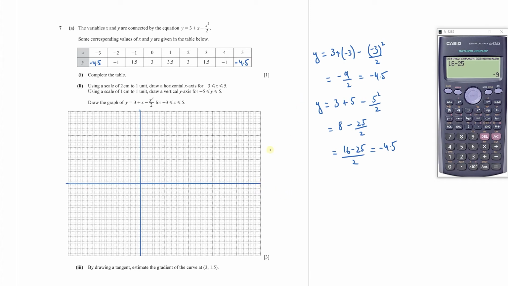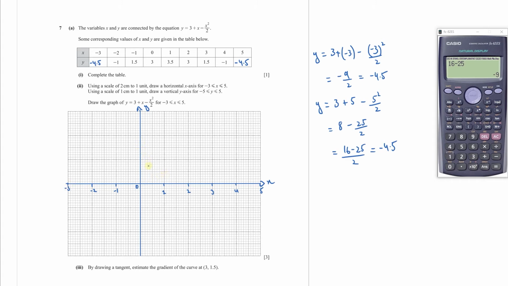So I can mark them here as x and y, and then I can label the points as well. So this is 0. On the x-axis, this will be 1, 2, 3, 4, and this value here will be 5. And here this will be minus 1, minus 2, and minus 3.